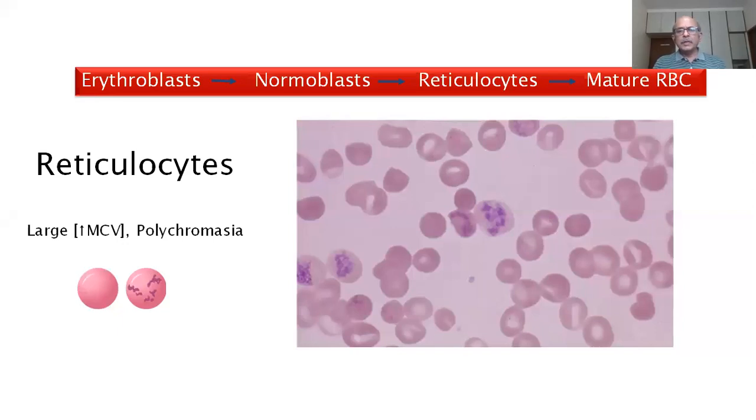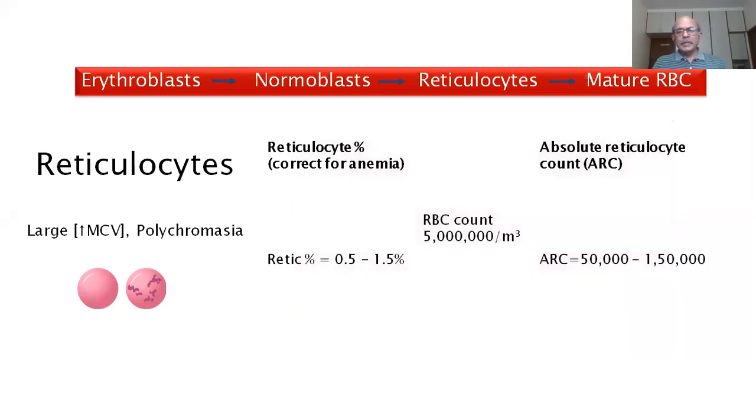So if you have a situation where you have an elevated reticulocyte count, the normal reticulocyte percentage is 0.5 to 1.5%. And if you look only at the reticulocyte percentage, you will often erroneously diagnose hemolytic anemia. You have to be certain that this patient has an elevated absolute reticulocyte count.